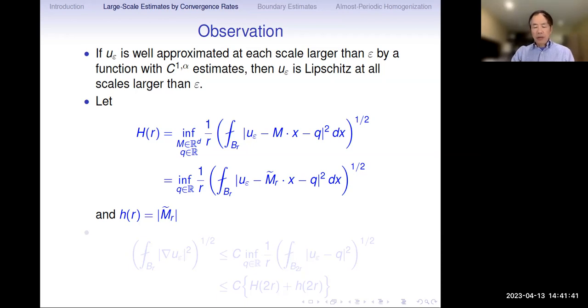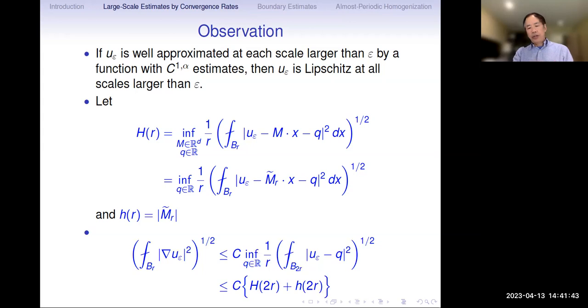Okay, so if you put this together, you'll see that again it's a triangle inequality that, oh, I'm sorry. The first inequality is just Caccioppoli. So that's a Caccioppoli inequality for divergence form equations.